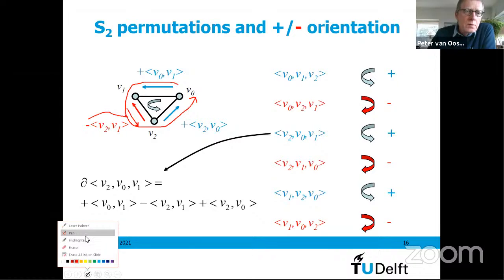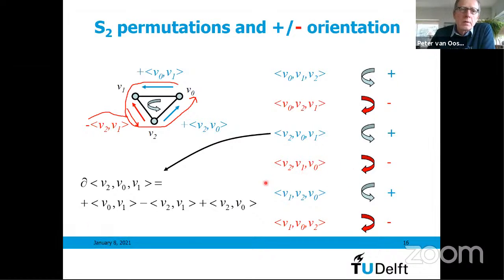And if you would try one of these red permutations, you would get clockwise orientation or negative orientations.